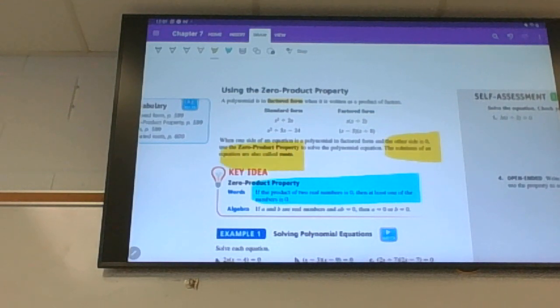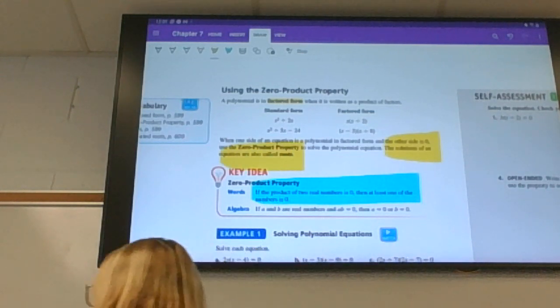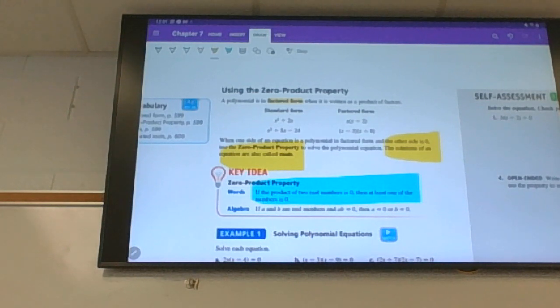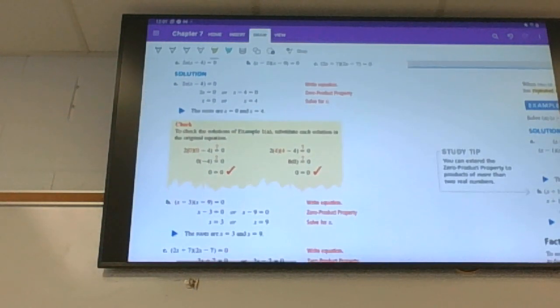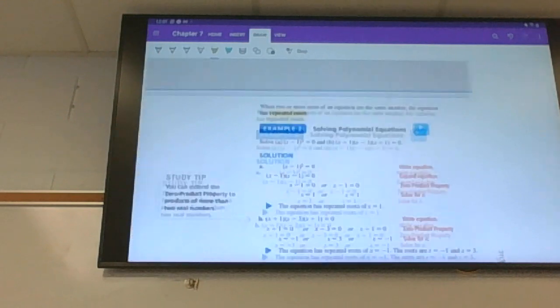The solutions of equations are called roots. So you know the solutions of equations are called roots. Got it? And lastly, repeated roots.